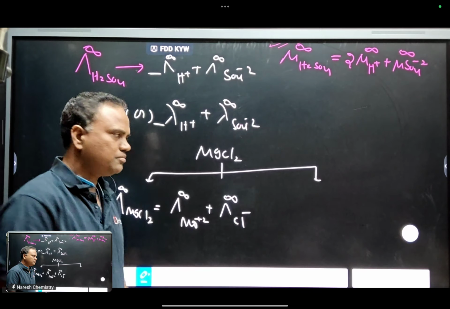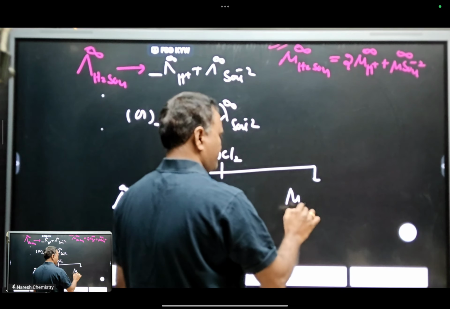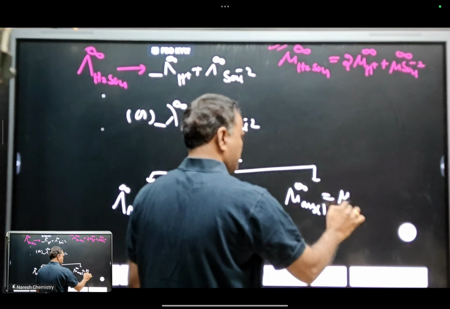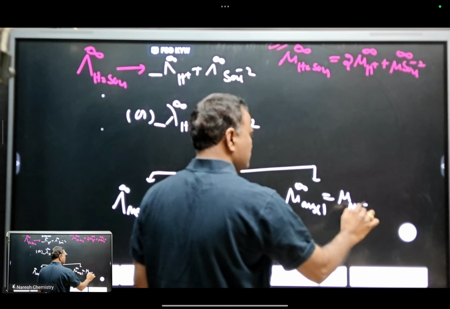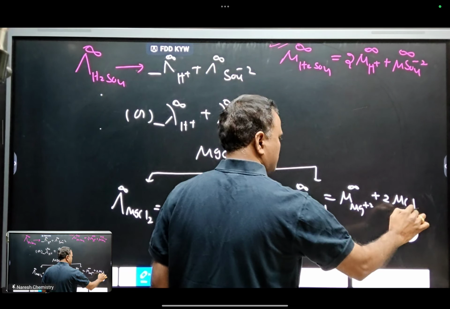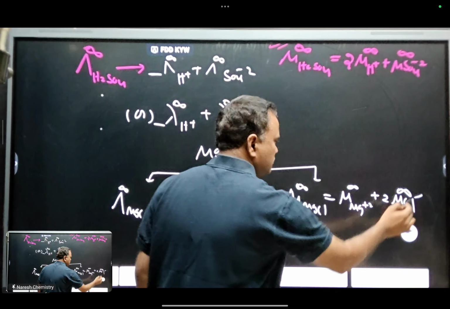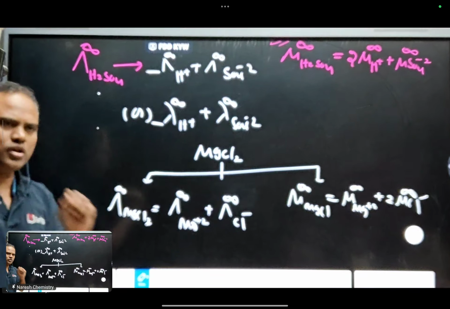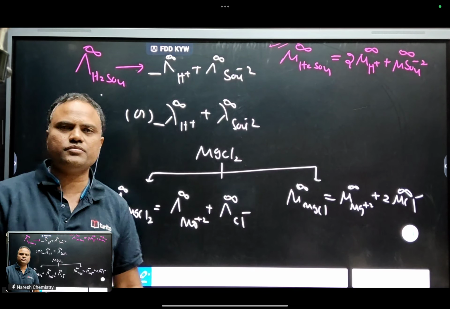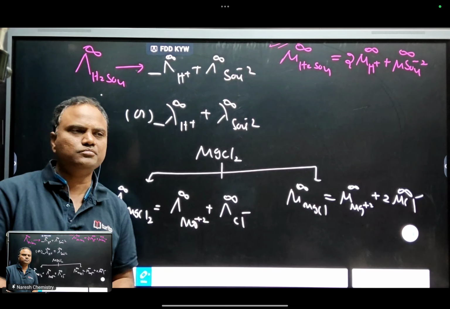Don't take coefficient. But mu MgCl2, mu Mg plus 2 plus 2 Cl. For molar conductances, we take coefficients. For equivalent conductances, we do not take coefficients.